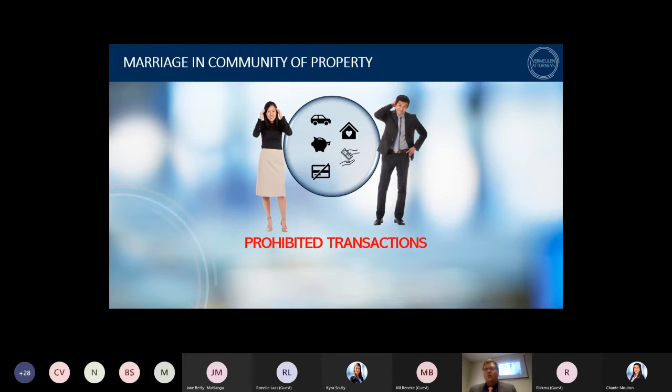What protection does she have? If the spouse on the right takes out a loan of R500,000, spends it on drugs, and he smokes and drinks it up, and the creditor comes and knocks at the door of our spouse on the left, what protection does she have?